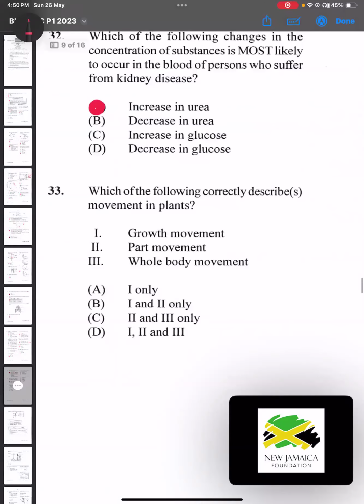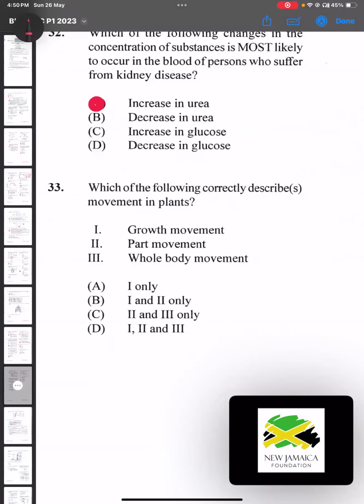Which of the following correctly describes movement in plants? So we have growth movement, part movement, and whole body movement. So for 33, what is the answer that we're going to go with? Okay, I see B. Yeah, I would agree with that because we don't see whole body movement in plants.